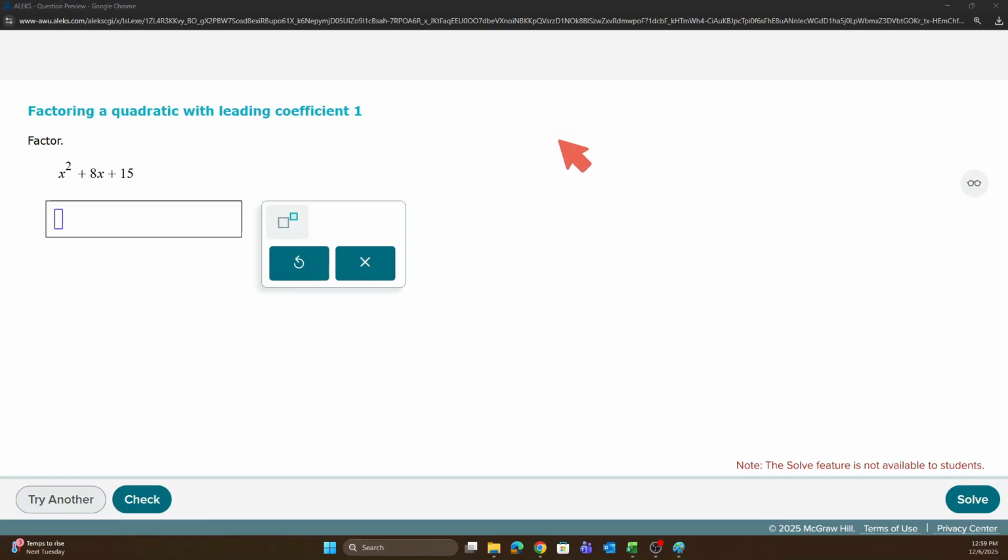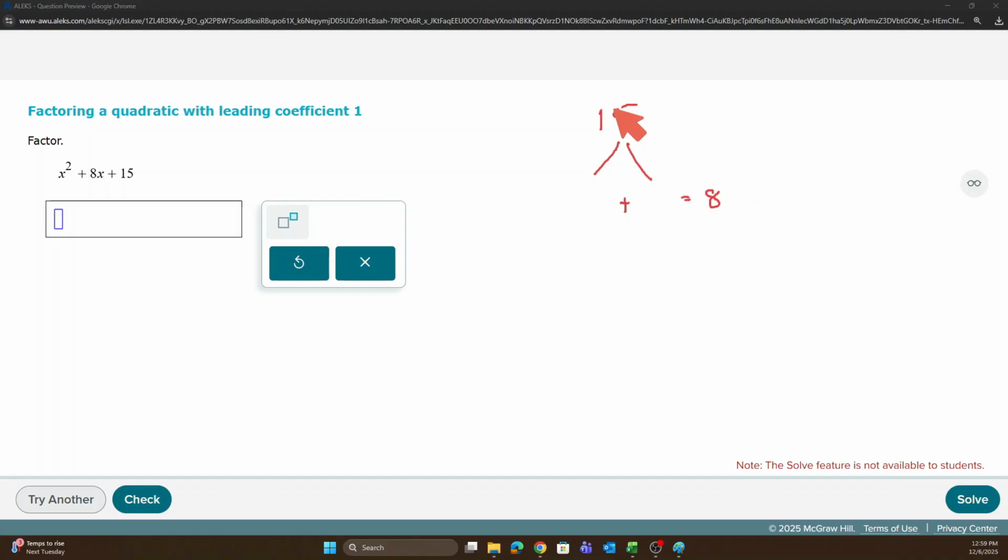All right. So for this one, we have a leading coefficient of 1. So this is 1. That means all we have to do is focus on these two numbers here. So what we're looking for are the factors of 15 that when you add them up, you get 8.